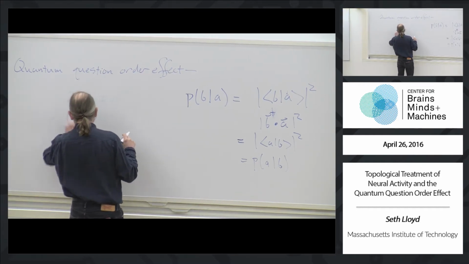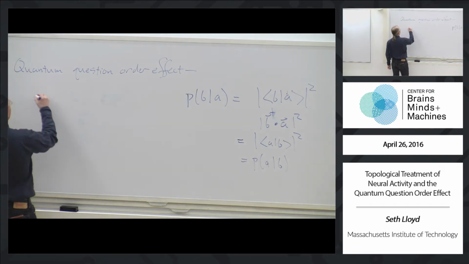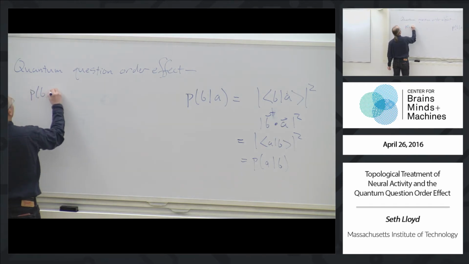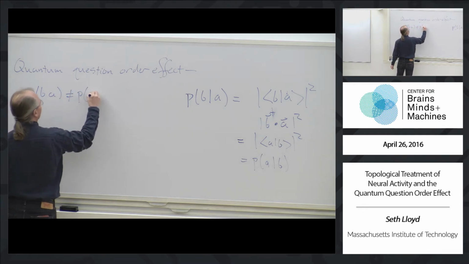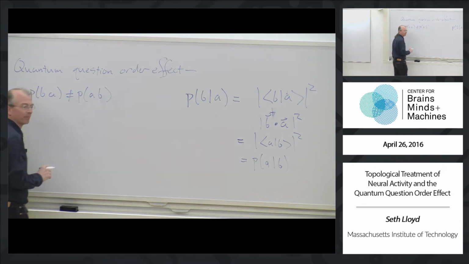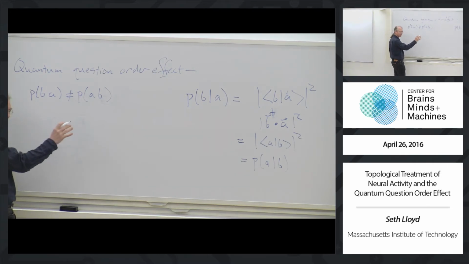Okay, I better answer this question, right? So, this does not mean that the probability of first getting A then B has to be the probability of first getting B and then getting A. It's the conditional probability given this.